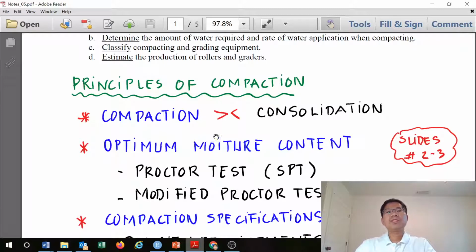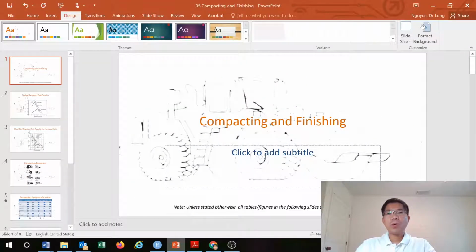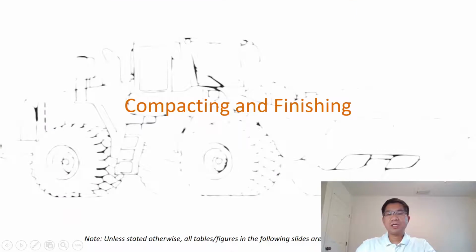And of course, to determine the compaction level needed, the tests are the Proctor test and the modified Proctor test to determine the optimum water content, and you also learn that in Geotech 2. I will just go through a quick overview of what that is about.